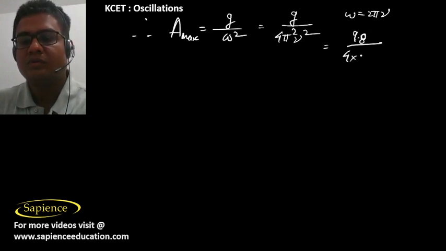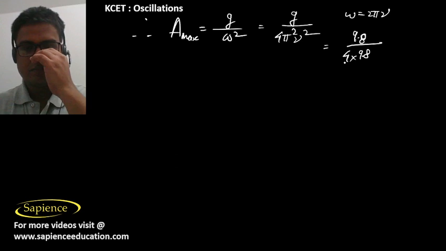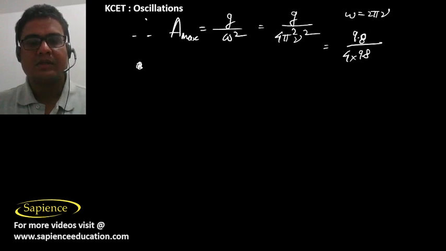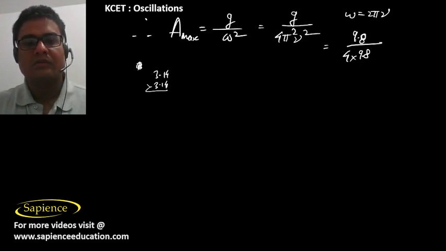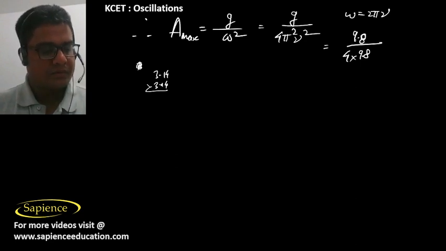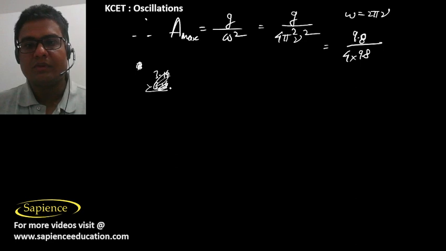And 4 into pi square is also approximately 9.8, since pi square is approximately 3.14 into 3.14, which is approximately 9.8 only.